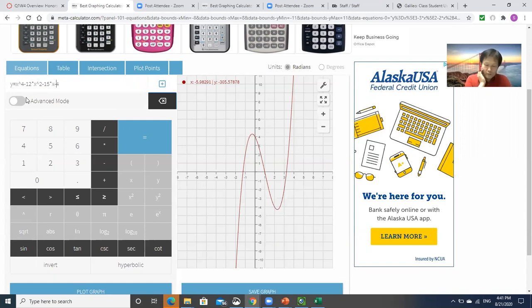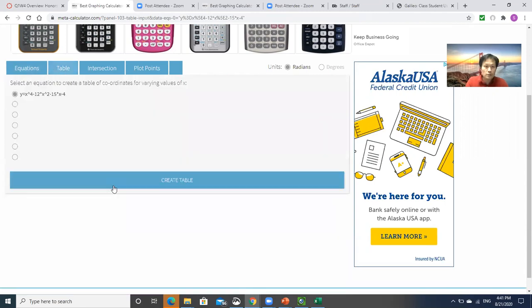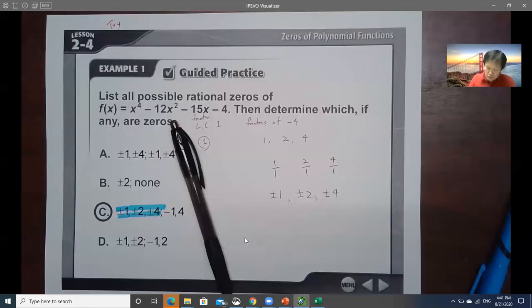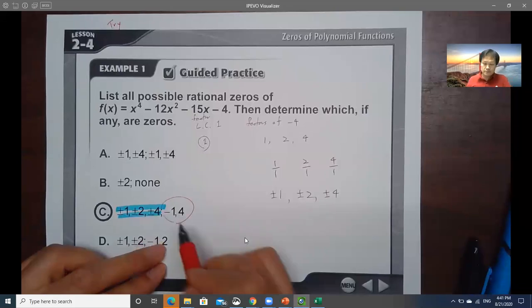Okay, so if you graph it, do we get it? I got -1 right here, 4 right here. And you can also verify that from the table. x = -1 right here, the y value is 0. x = 4 right here, the y value is 0. So using a calculator, checking that is so simple. So right here, the actual zeros.